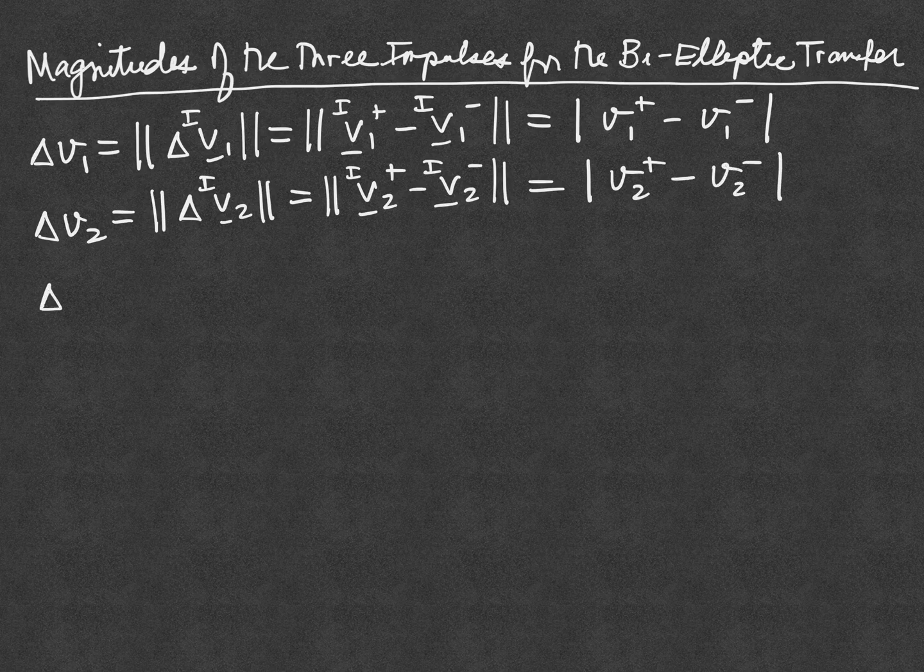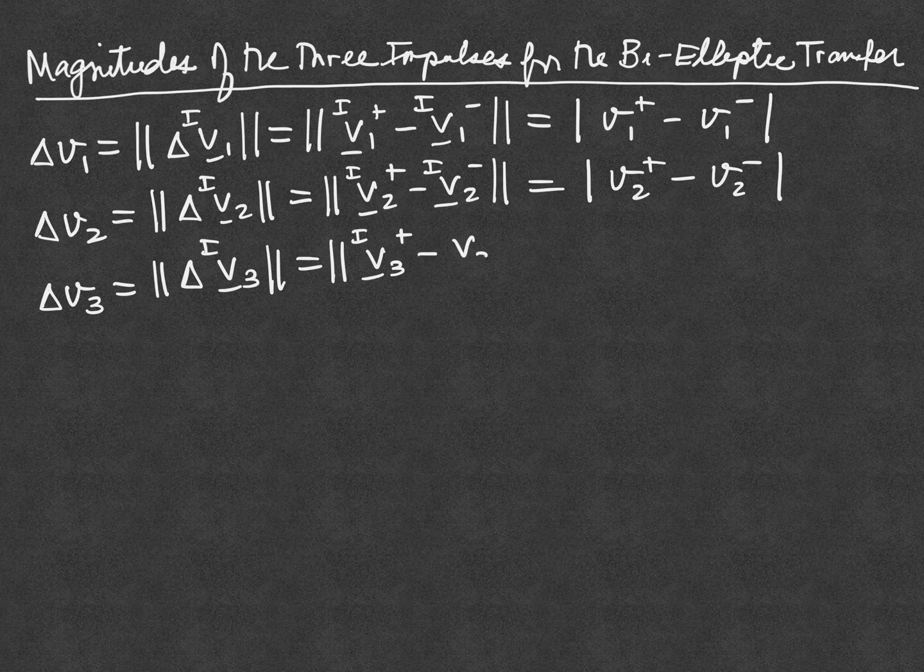The third impulse, which is delta V3 in magnitude, is the magnitude of delta V3I, which is equal to the magnitude of V3 plus I minus V3 minus I, which is equal to the absolute value of V3 plus minus V3 minus. Now again, all three of these impulses are tangential, which is why we're able to write the magnitudes in the way that we have here.